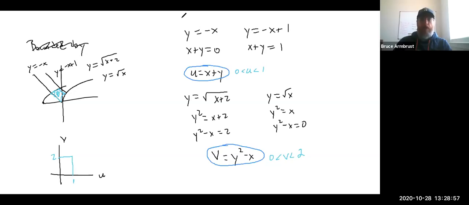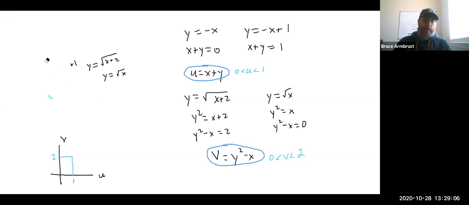So I'm going to erase the picture of the region because we don't need that anymore, because we already used all those boundaries to form our u's and v's, right? Okay, so now what we need to do is get the Jacobian.